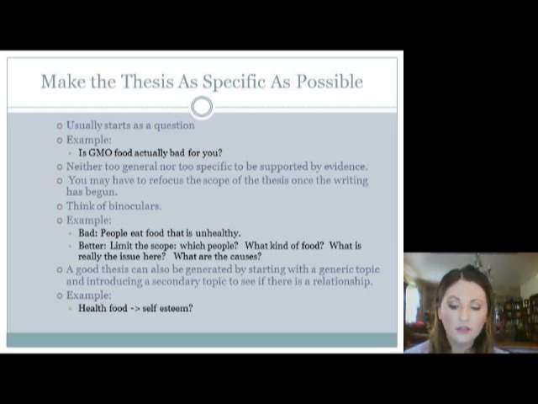So let's say I had my student pick another topic that is of interest, and they grab self-esteem. So what you do now, you take this topic of health food, hold it up against this idea of self-esteem, and you think, do these things have any relationship? If you take a moment to think about that, there might be some really interesting research material right there. Is there a correlation between people who eat healthy and their self-esteem, the way that they view themselves?